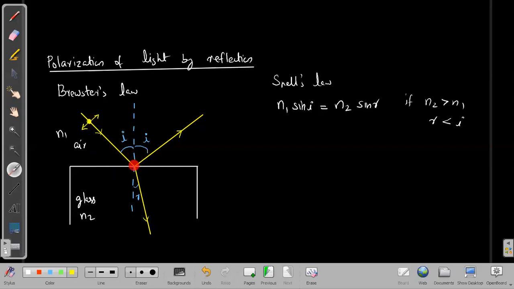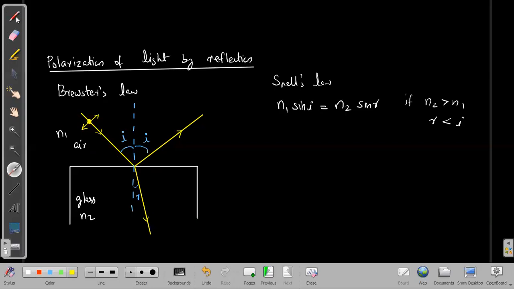And during reflection, what would happen? The P polarization cannot go this way because light is a transverse wave. So there cannot be an oscillation of the electric field in the direction of propagation. So it is very difficult for P polarization to reflect.